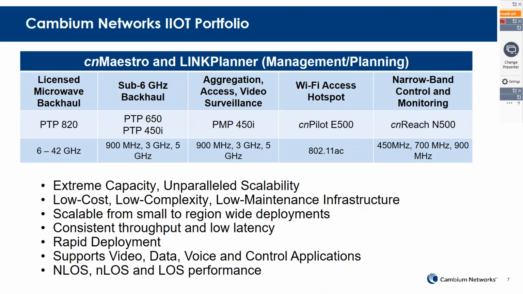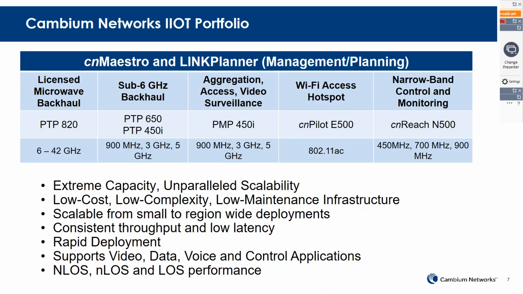And then we have this point-to-multipoint for you to do aggregation, access, and video surveillance. So this PMP450 operates also in the 900 megahertz, 3 gigahertz, and 5 gigahertz. And then we have this Wi-Fi access hotspot, that's a Wi-Fi based 802.11ac based E500 operating in outdoor environment.